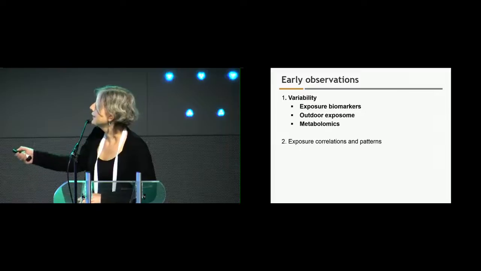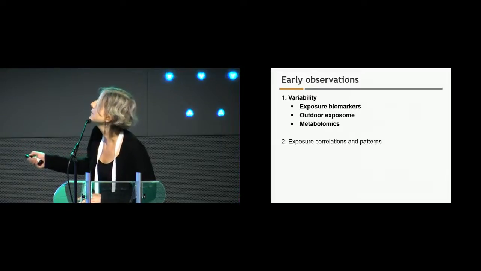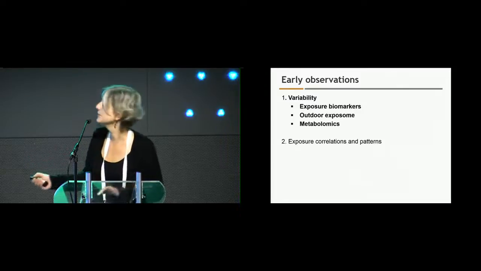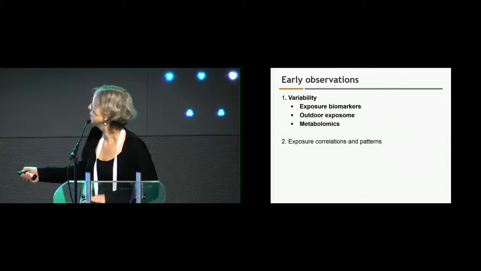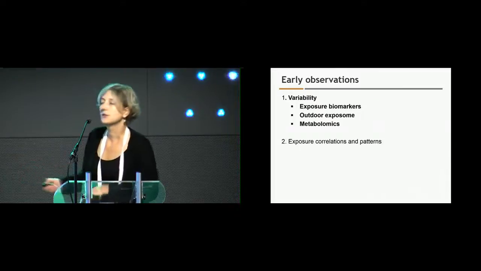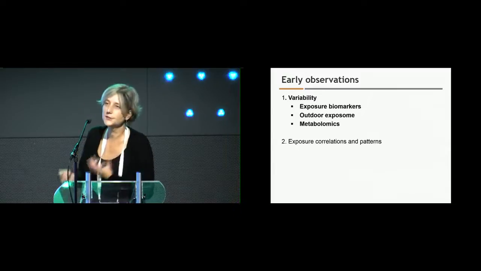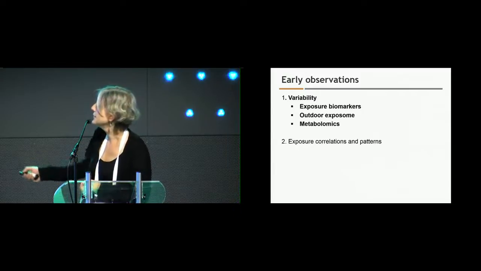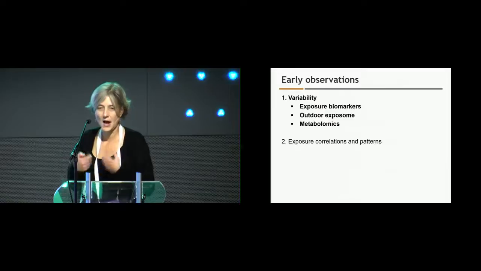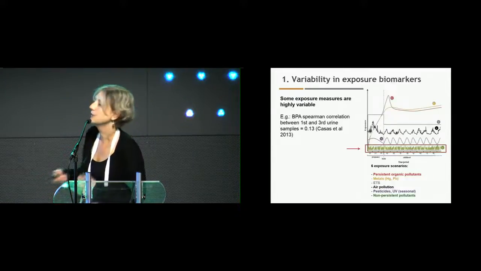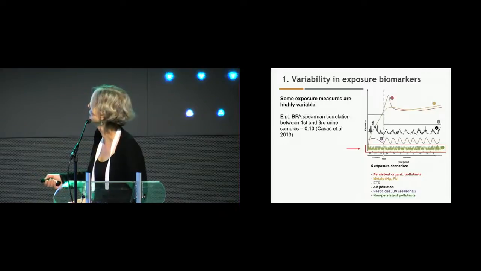So I'm going to talk about variability in the exposure biomarkers and a little bit in variability in the outdoor exposures and in the metabolomics measurements. And then we're going to look a little bit at our work on exposure correlations and patterns. And the reason for that is to do this type of exposome work, we do need to understand how our exposures correlate and how to use them in our future exposome analyses.